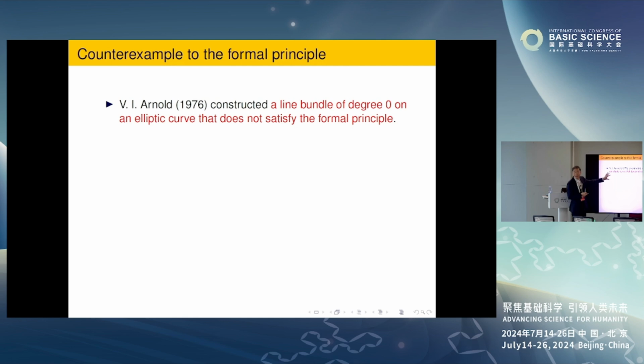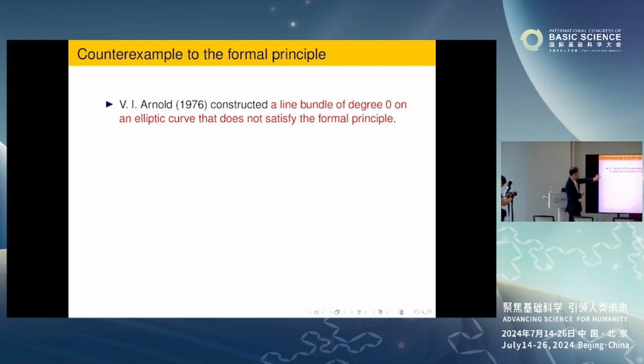There are many counterexamples, but in some sense they are all variations of Arnold's example. In particular, there is no counterexample to the formal principle when the submanifold is simply connected. So far, there's no counterexample. So this is essentially the only one.